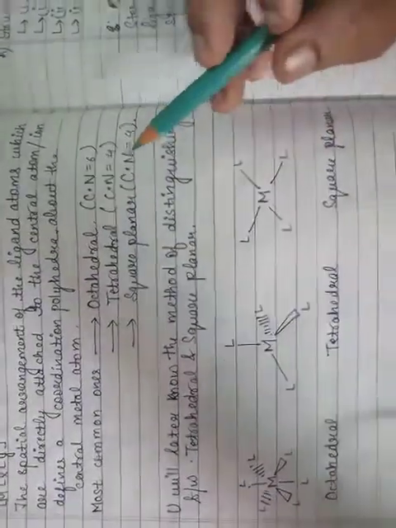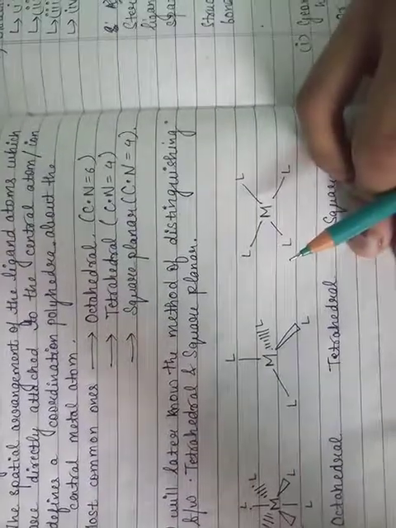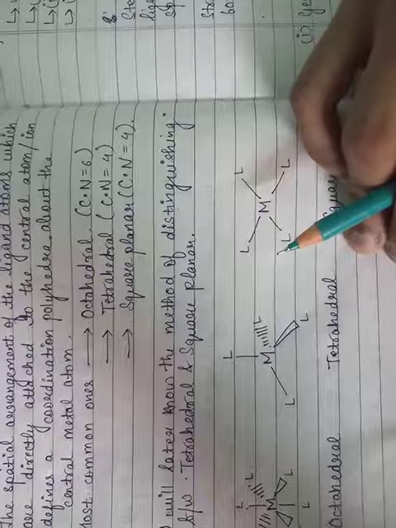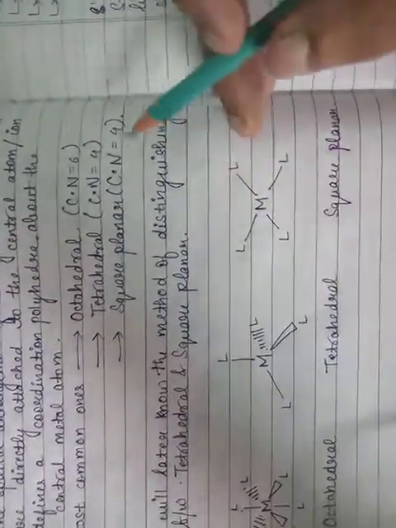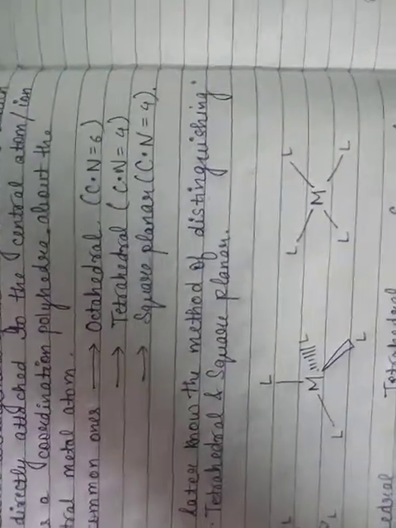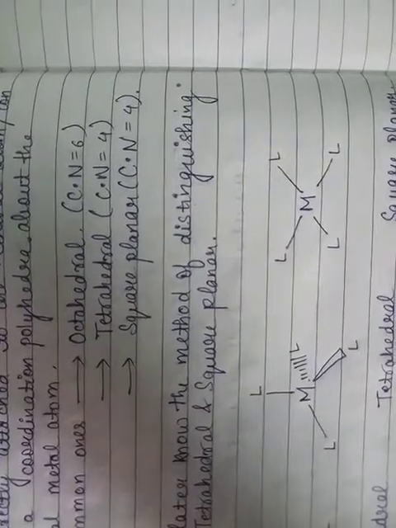Say for a particular compound we find the coordination number to be 4 or 6, then these two coordination numbers have a particular shape or structure. Coordination number 4 has two structures associated with it, tetrahedral and square planar, and coordination number 6 has a structure named octahedral.